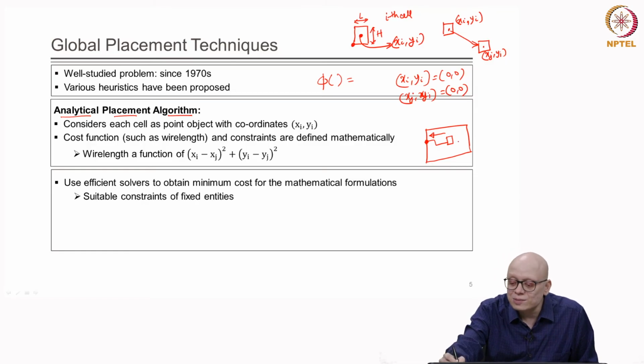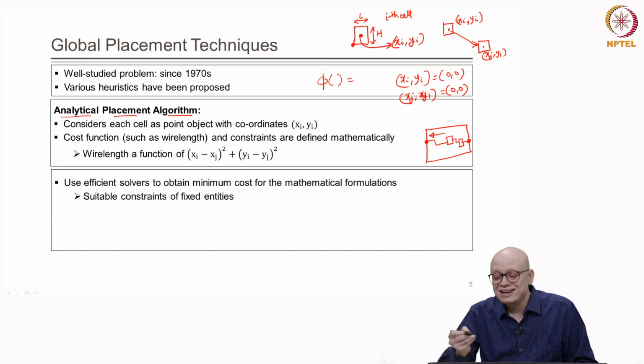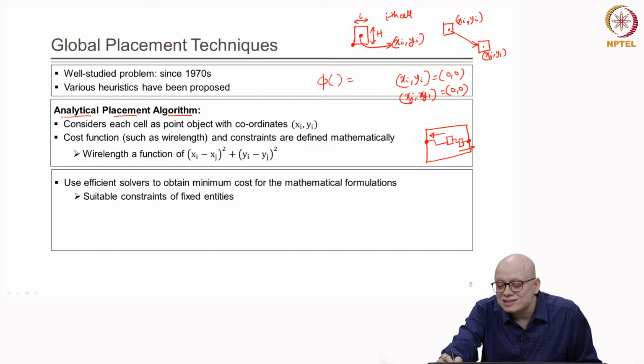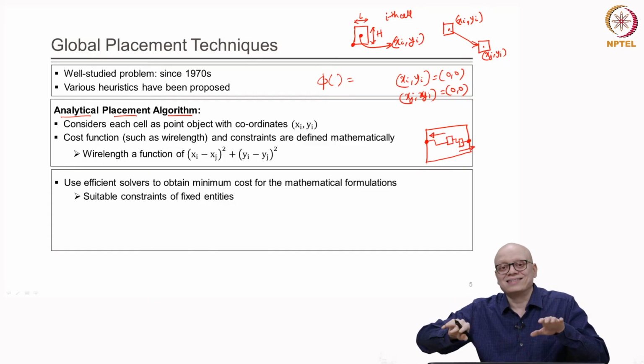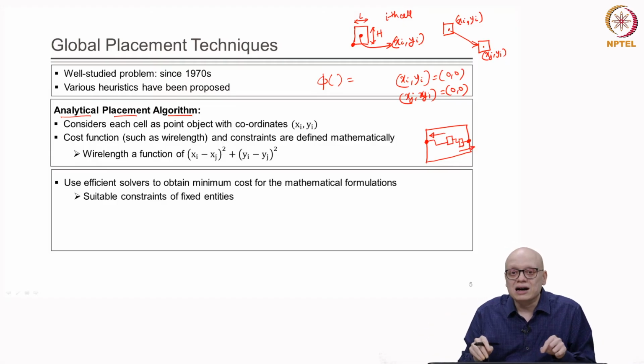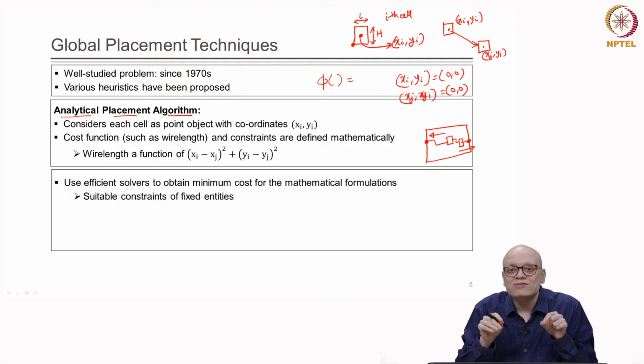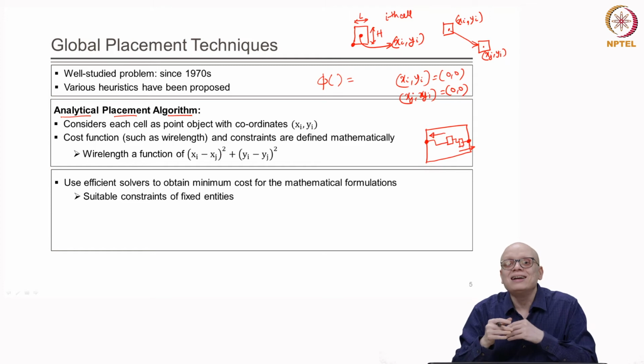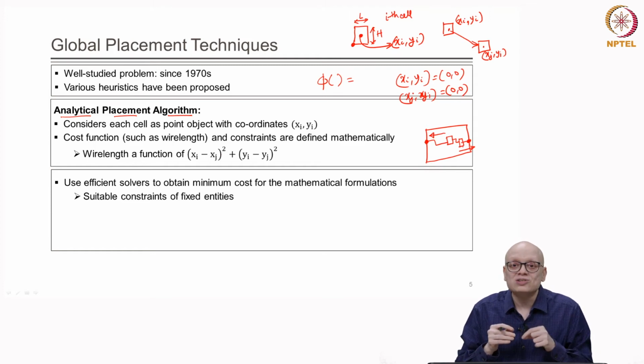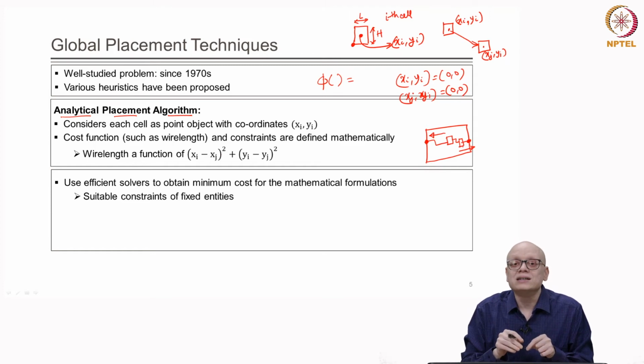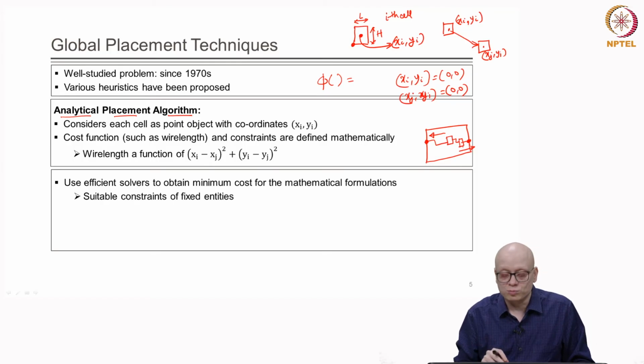Similarly, suppose it is connected to another cell and this cell was connected to another output IO cell, and this will pull the cell in the other direction. So, the constraints of the fixed entities will modify the solution, and that must also be taken into consideration in the mathematical formulation.